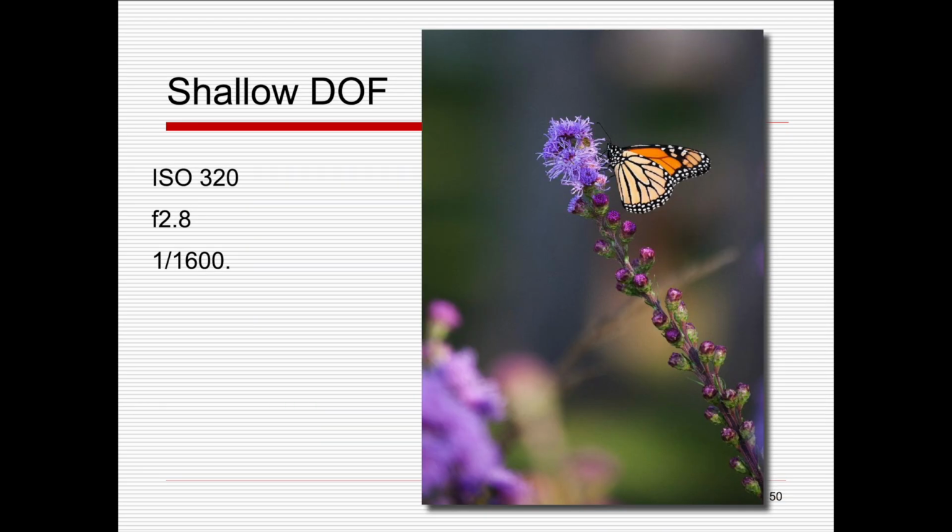Here's another shallow depth of field. My ISO is 320. I'm at f2.8 to totally isolate the subject in this shot, and my shutter speed is 1/1600 of a second.